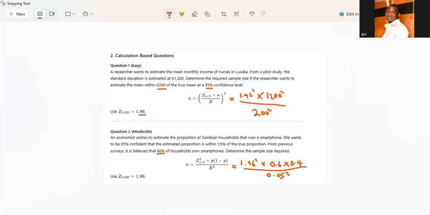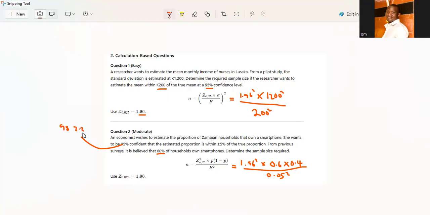Are we following? If they gave us 98%, what would be our Z? 2.33.